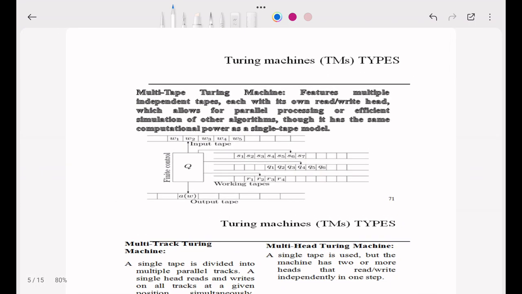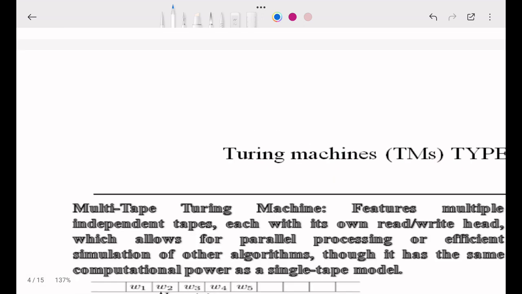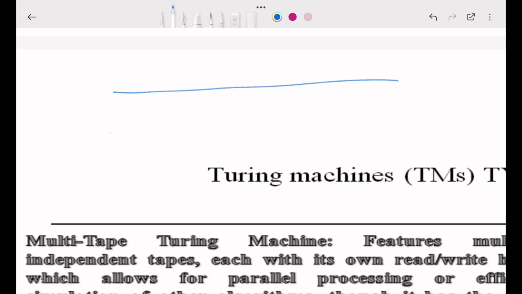Now he is asking the types of Turing machine. If you see what a Turing machine is, this is the state actually. The tape head is pointing at this state.